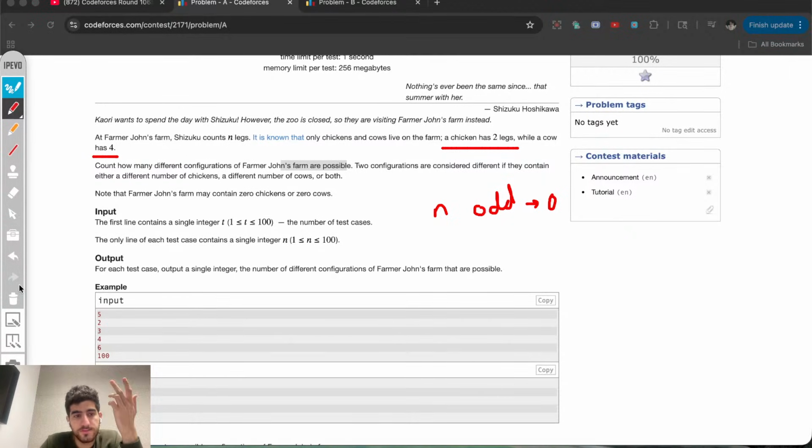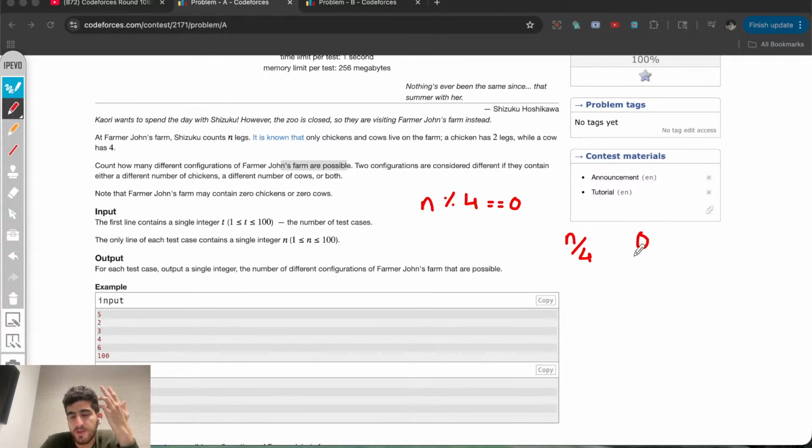If it's even, first assume that n is divisible by 4. At the end, in the solution, it doesn't matter, but for explanation, I'm just saying it. Assume that n is divisible by 4. Do you agree that we can have n/4 cows and 0 chickens? Or n/4 minus 1 cows and 2 chickens? Or n/4 minus 2 cows and 4 chickens?